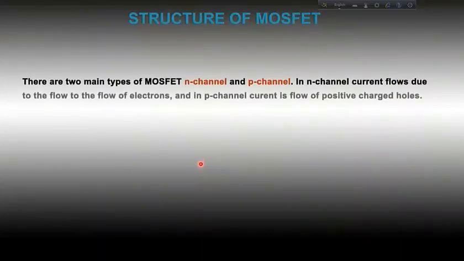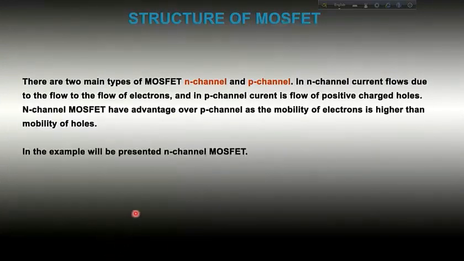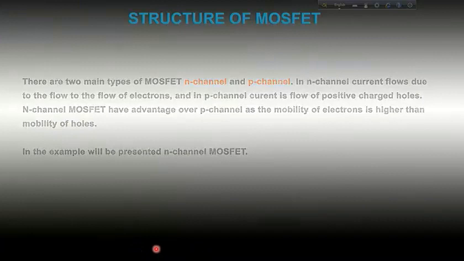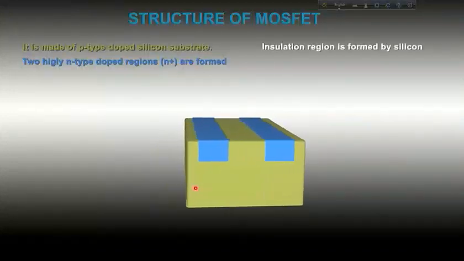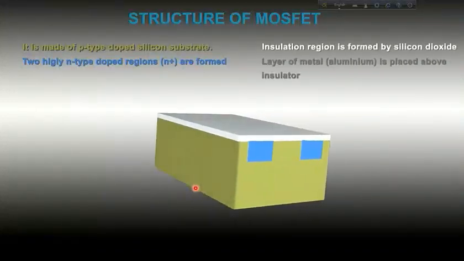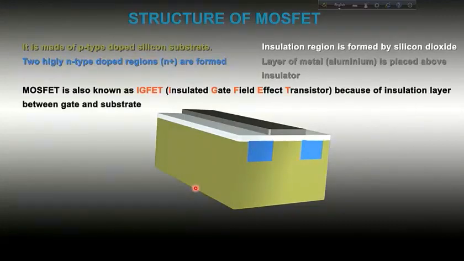Structure of MOSFET. There are two main types of MOSFET, N-channel and P-channel. In N-channel, current flows due to the flow of electrons. It is made of p-type doped silicon substrate. All of you please watch this video.